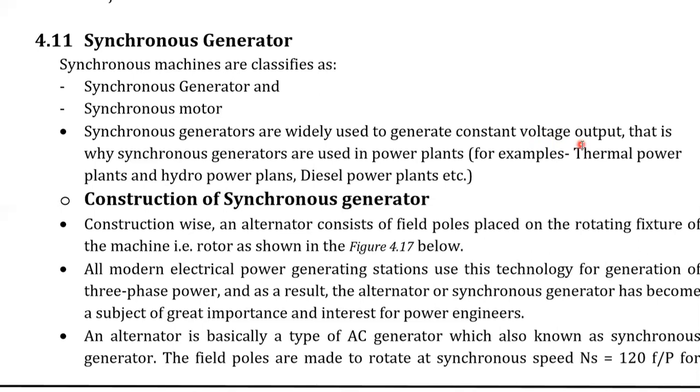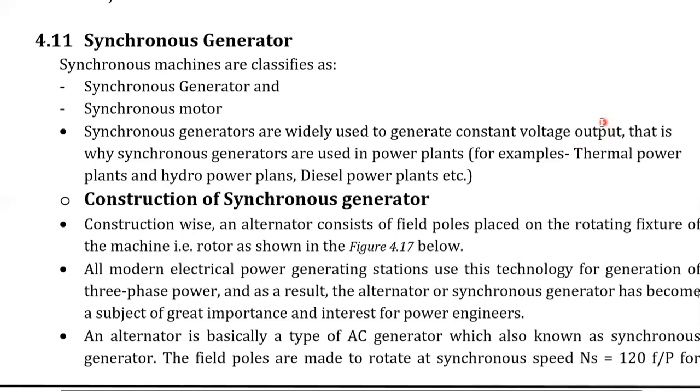That's why they are used in different types of generating stations: thermal power plants, hydro power plants, diesel power plants, and nuclear power plants. So by using synchronous generators only, we generate the electricity.